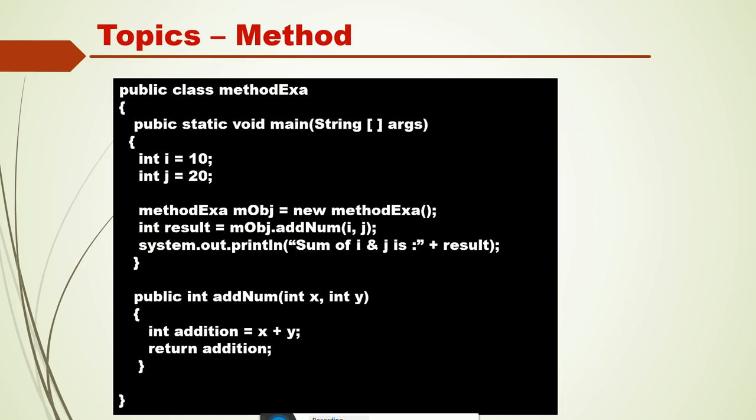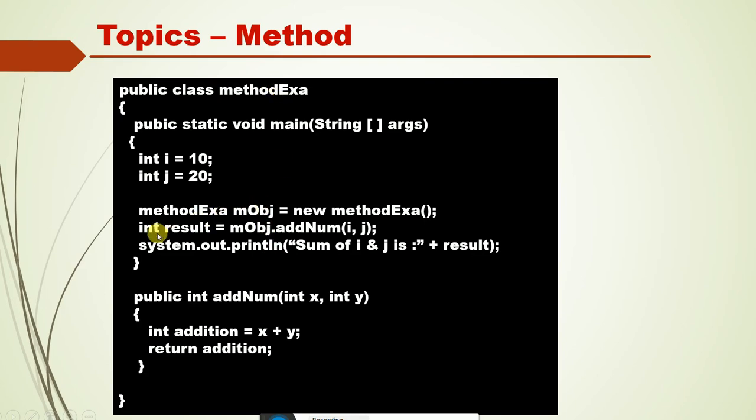The name of the object is mObject, equal to the new keyword, which is used to create an object, and MethodExample is the constructor. A method inside a class with the same name as the class is known as a constructor. So here we create mObject of the class MethodExample.